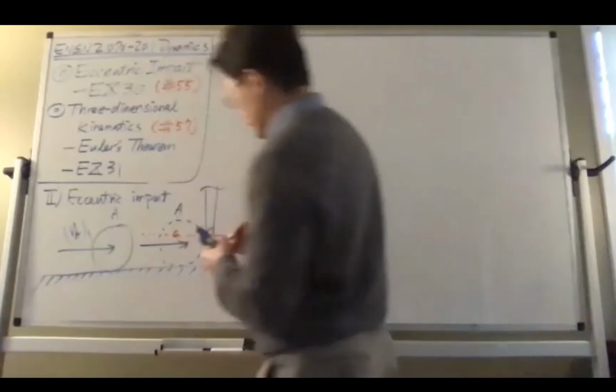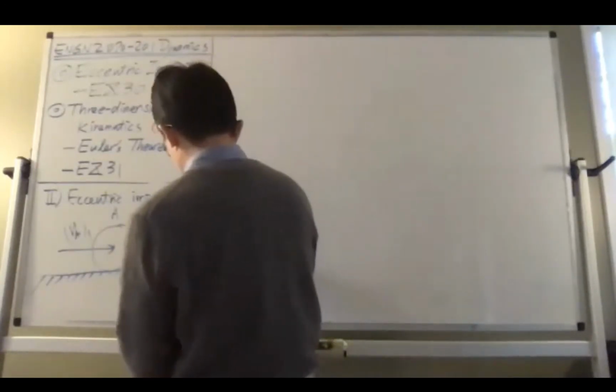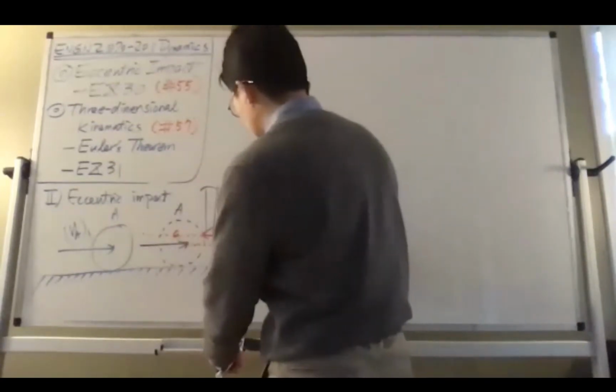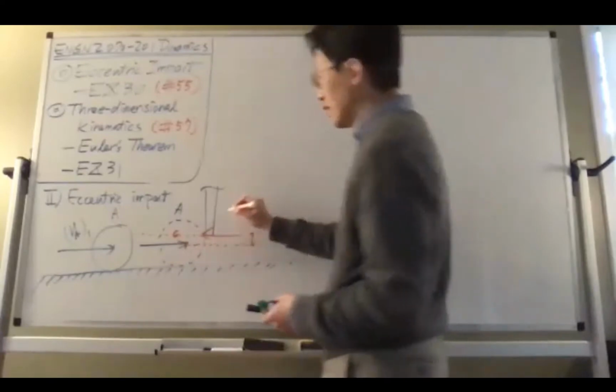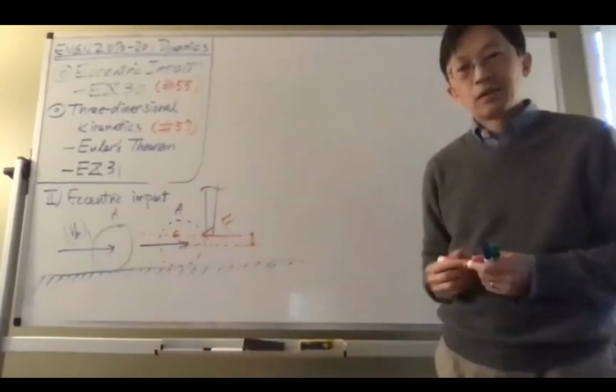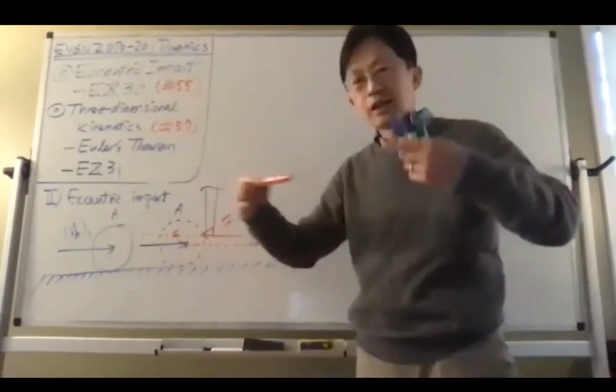And the velocity of this object is projected like this. There's a gap. That means these two, the force provided by the door and the velocity component of this ball or the tire, are not aligned.